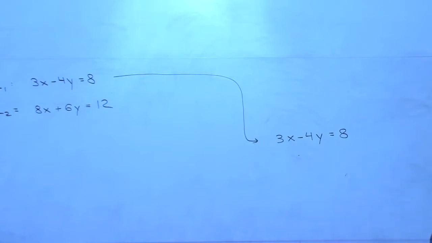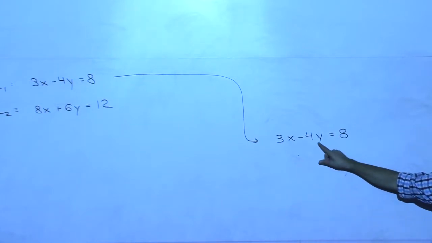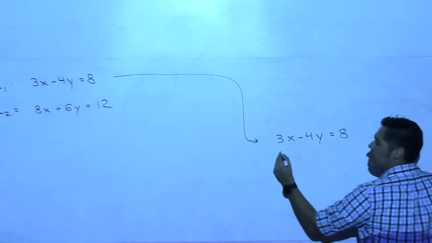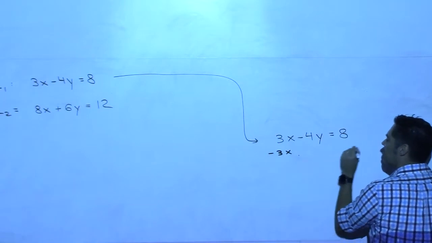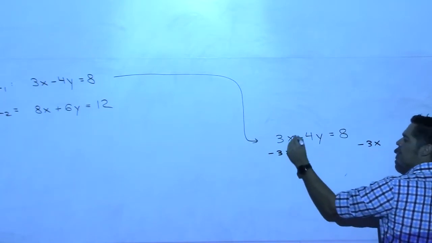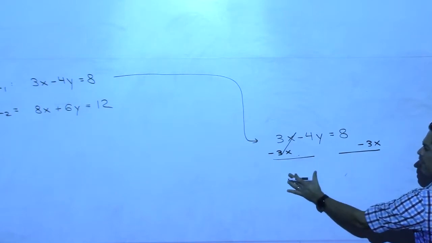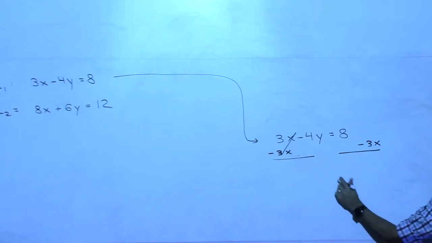We need to solve this for y, try and get y by itself. What would be my first step? Subtract 3x here and subtract 3x here. These would cancel. What's still over here? Negative 4y.